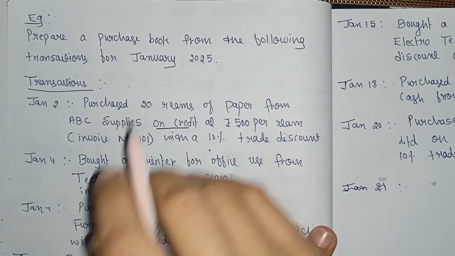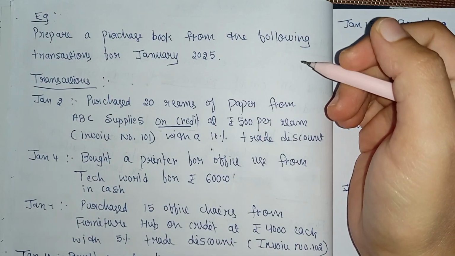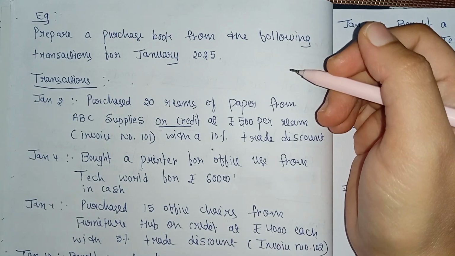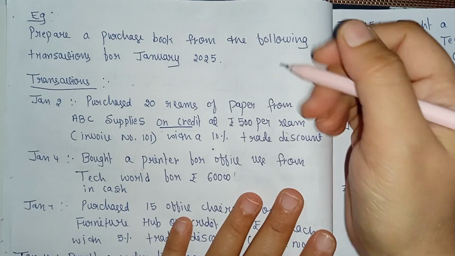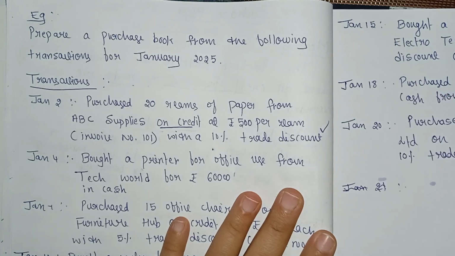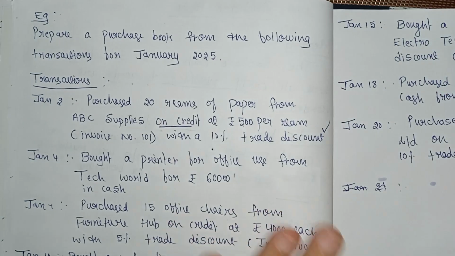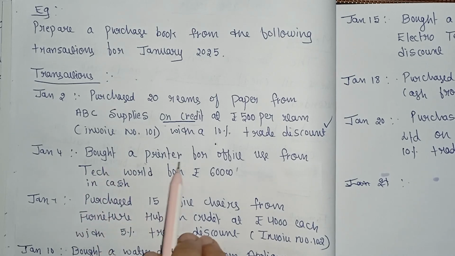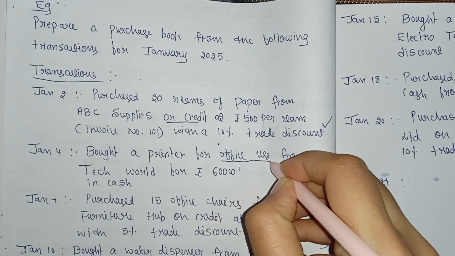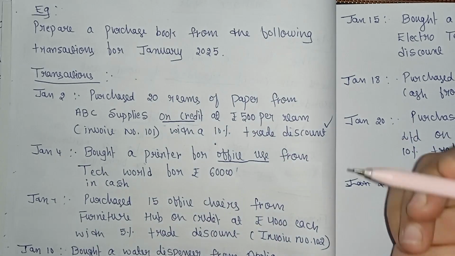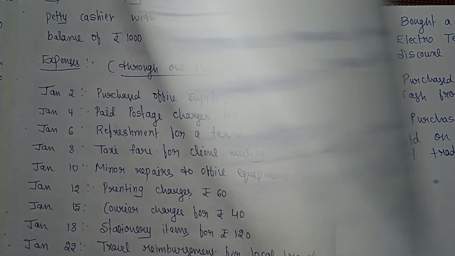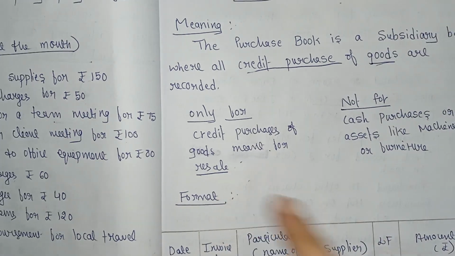Here in this purchase book trade discount will be included, but cash purchases and assets like machinery and furniture will not be included. So this transaction is included in the purchase book. Next one is, on Jan 4th, bought a printer for office use. What I said, in the purchase book we will record only credit purchases of goods meant for resale.